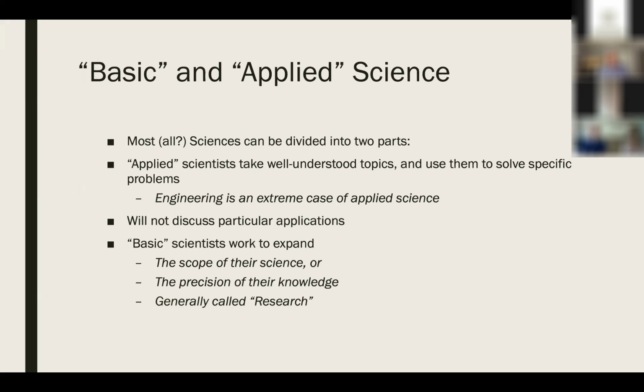So as in math, there are 2 types, again, with plenty of overlap, basic and applied. So most of the sciences can be divided that way, maybe all of them, but I'm not enough of an expert to be able to make such a declarative statement that it's all. An applied scientist would take a topic that's well understood, like the mechanics developed by Newton and taught in the first couple of years at just about any college, and use those principles to solve specific problems.